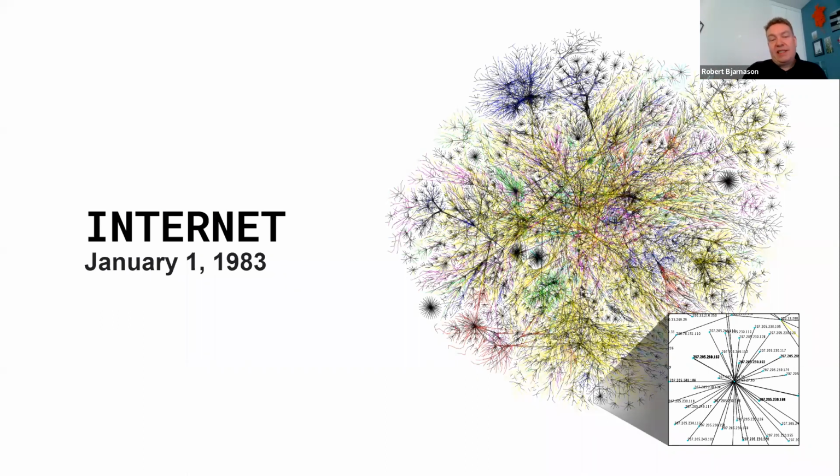And the original goal of the internet was to create computer network technologies that could resist nuclear war, for example, by being decentralized, where if you take out a part of the network, you can't take out the whole thing.